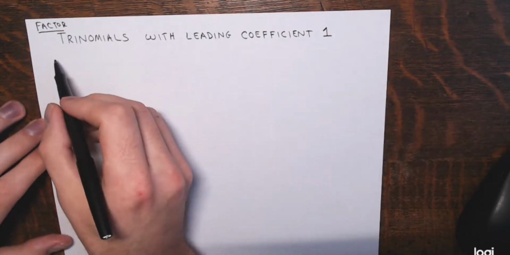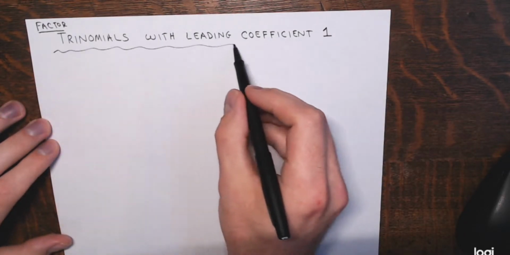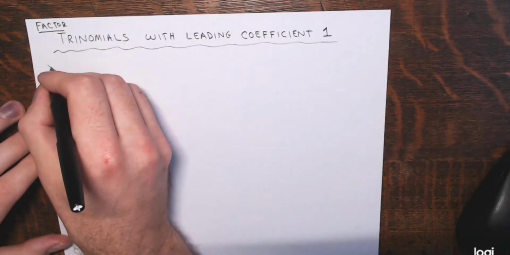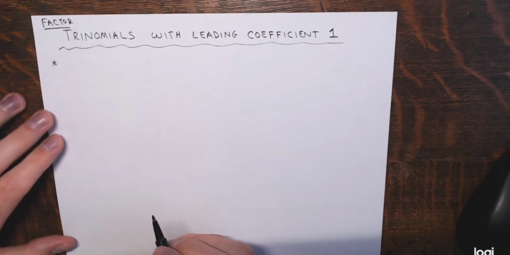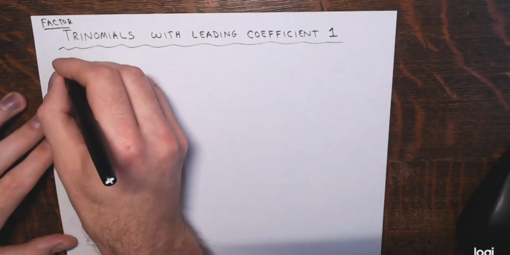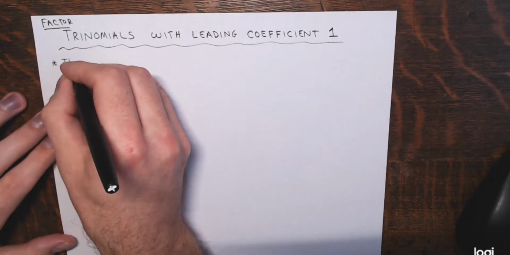Now, before I get into these specific forms, I'll tell you this note right now. The first step you should be performing when factoring is finding the greatest common factor.